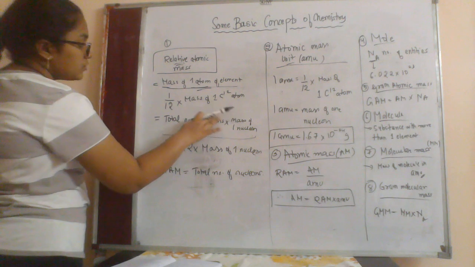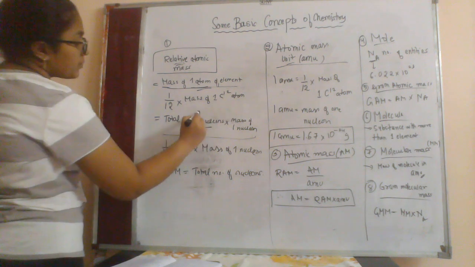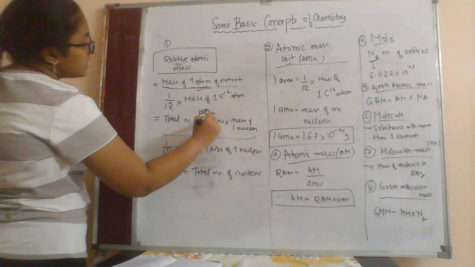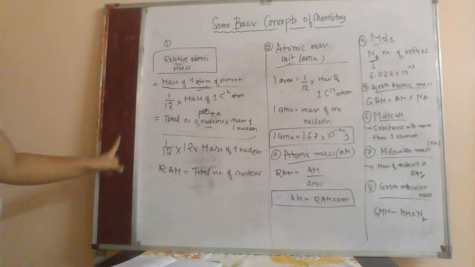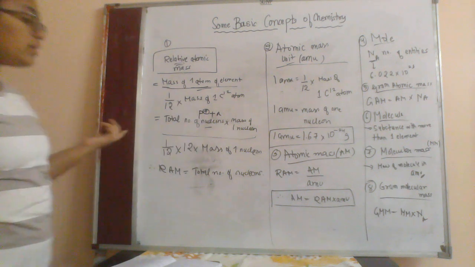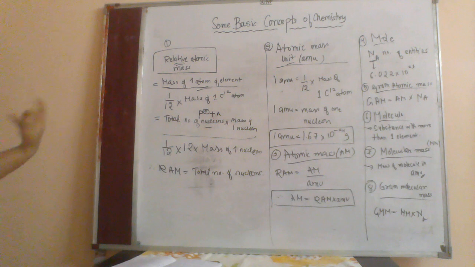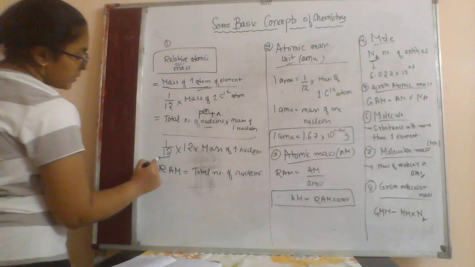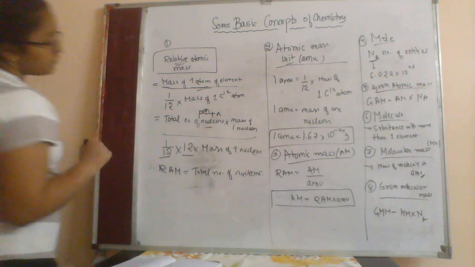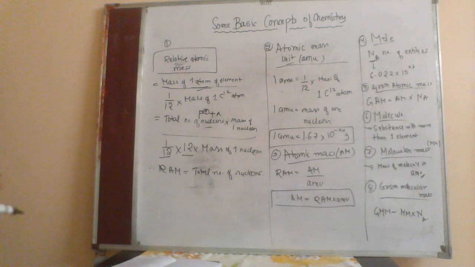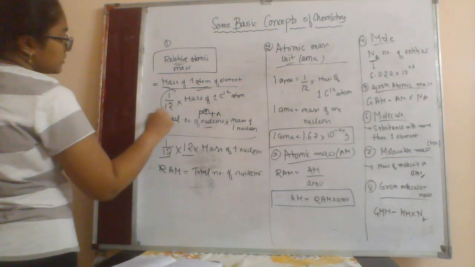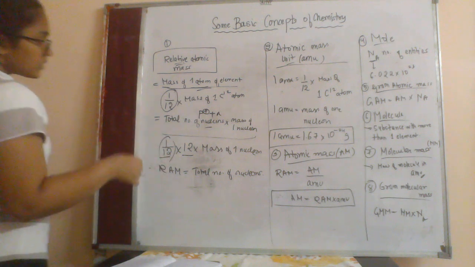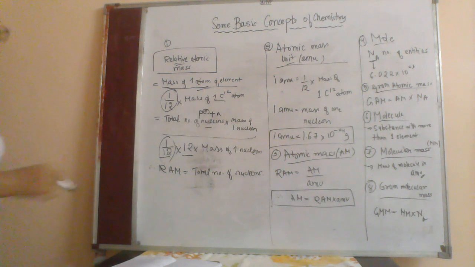The number of nucleons, that is the number of protons plus the number of neutrons, times the mass of one nucleon, divided by 1/12 times the mass of one C12 carbon atom.